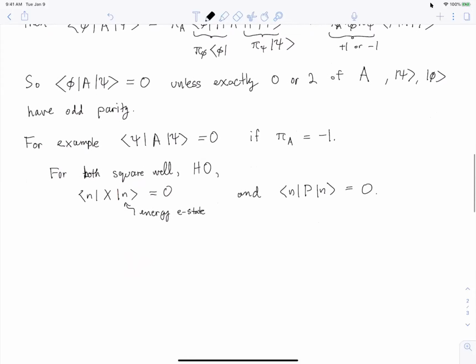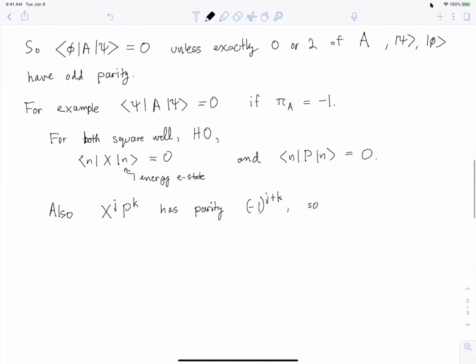So just to give an even more general example, suppose I consider the operator x^j p^k. That has parity (-1)^(j+k). And so it's got well-defined parity, and so its expectation value is going to be 0 in any parity eigenstate.